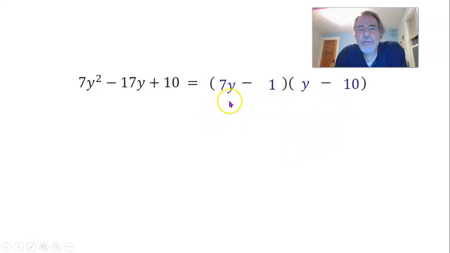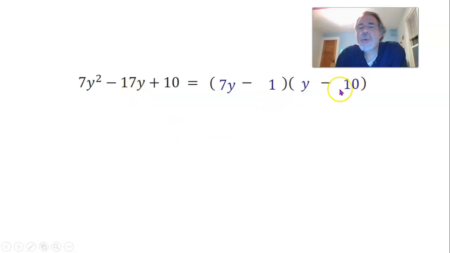If I multiply everything out by the FOIL method, F-O-I-L, I get F, 7y squared, O, negative 70y, that doesn't look good, I, negative 1y, so together that would be negative 71y. Okay, that's not going to work.